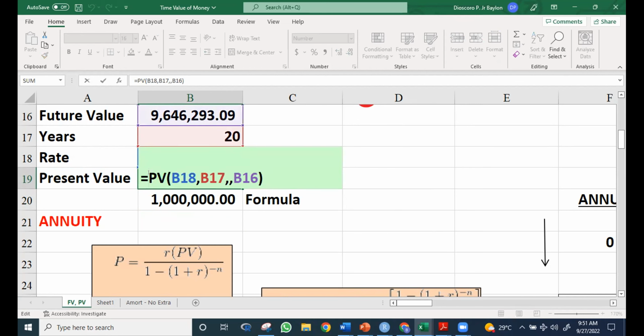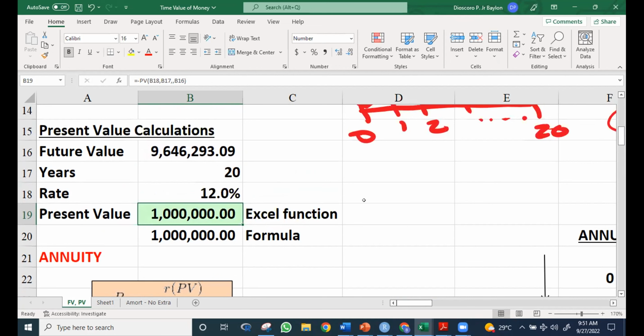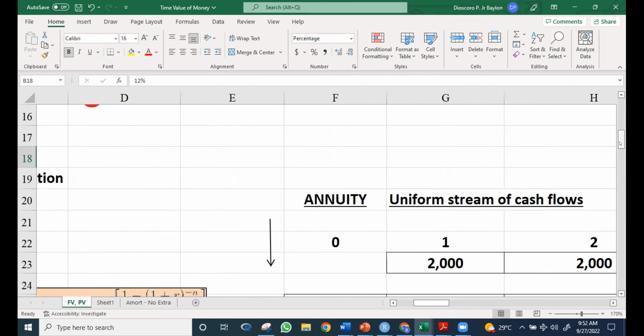If one is positive, then the other has to be negative. Since we're just interested in the equivalent value, I'm just putting a negative sign outside. So 1,000 today is the same as 9.646 million at 12% and at 20 years. Of course, if you change any of this, then the values will be different. So that's what we do with the discounting.